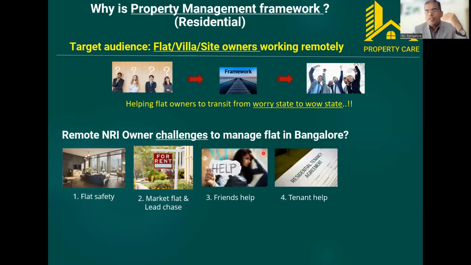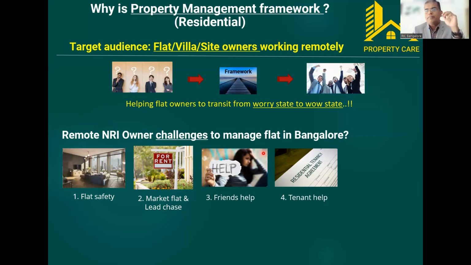The next one is, even if you find the tenant, the agreement and documentation support. What owners currently do is they go to the tenant only to print the agreement. They go to the nearest browsing center and talk to an e-stamp vendor, and ask them to get the document done.